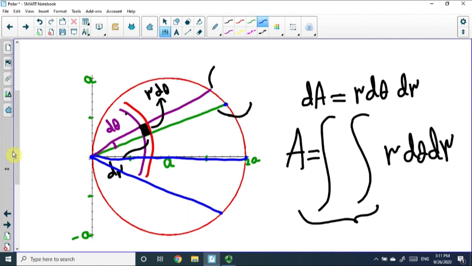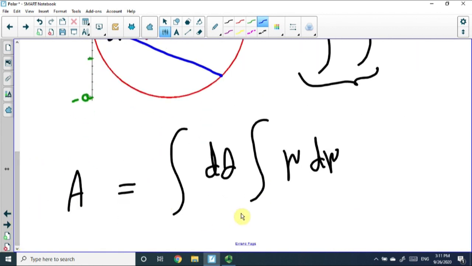So as you can see, r will always start from the smallest possible value, and that's r equals 0, and it will finish at the boundary of the circle. But in part A, we already calculated the equation of the circle, and that r, the boundary of the circle, satisfies this equation: 2a cosine theta. So r will finish at 2a times cosine theta. These are the boundaries for r.